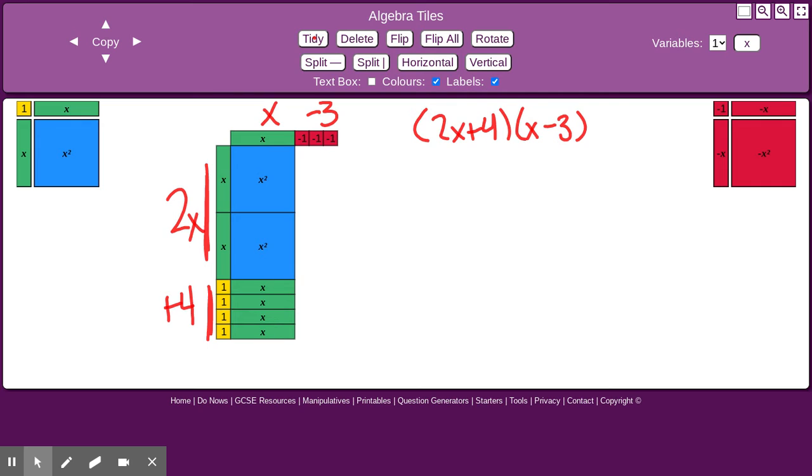And then over here, specifically in this space, we'd have x times negative 1. So x times negative 1 is going to be a negative x instead of a positive 1. So then we do x times negative 3, and we get negative 3x. But if we have 2x times negative 3, we get negative 6x. So there are 6 of these over here.